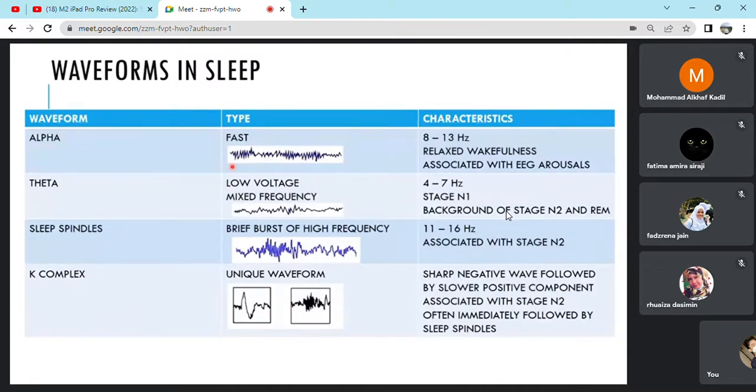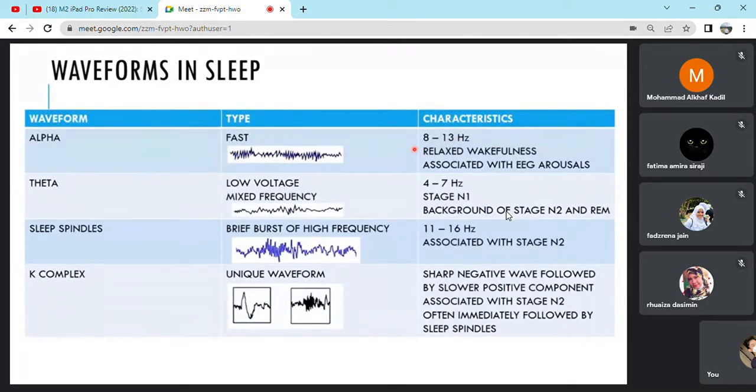Okay? Your theta waves are also known as your low voltage mixed frequency. So this is what you see. This is how it looks like when you talk about your theta waves, which usually is seen in your stage N1. Okay? So it's usually characterized as medyo mas mababa as compared to your alpha waves, which is actually fast.